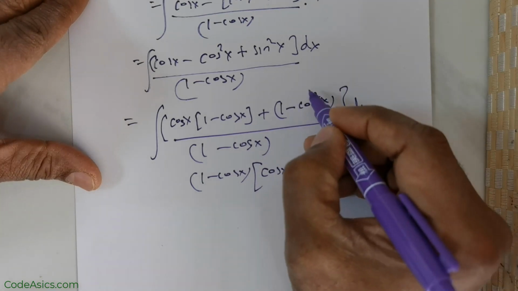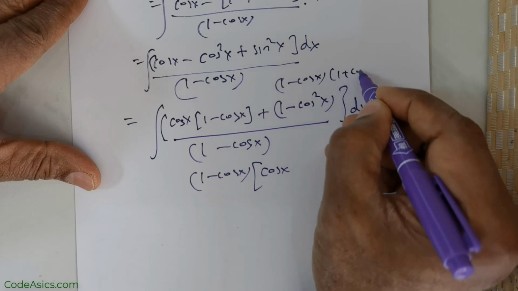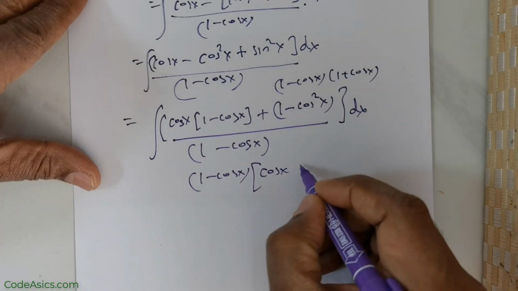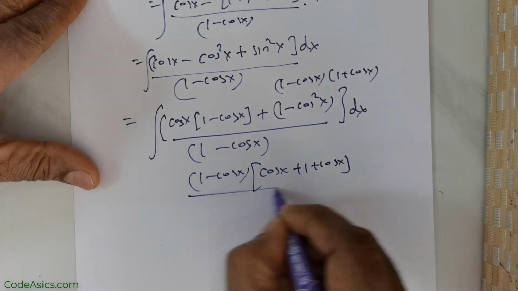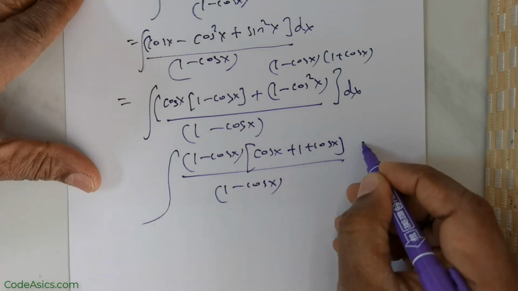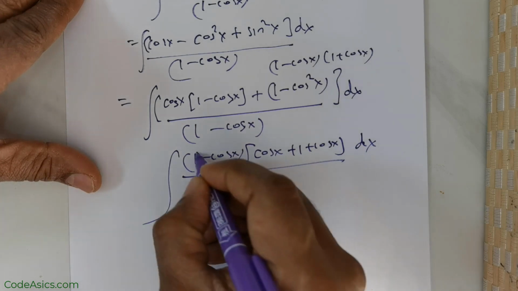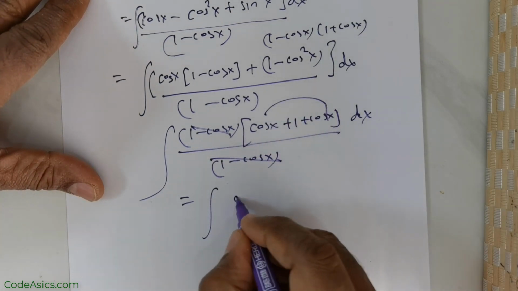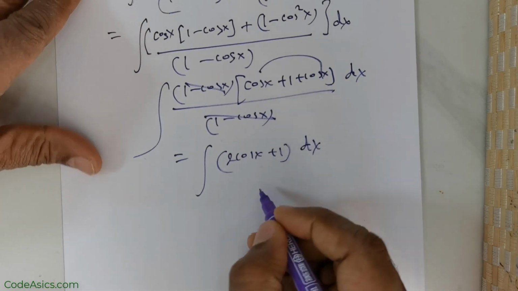Now 1 minus cos squared x is 1 minus cos x times 1 plus cos x. So that would mean I have taken 1 minus cos x out, so I would have 1 plus cos x divided by 1 minus cos x. So this is the quantity that I have got. So 1 minus cos x, 1 minus cos x can be cancelled, giving me, I add these two things, so 2 times cos x plus 1 times the integral of dx.